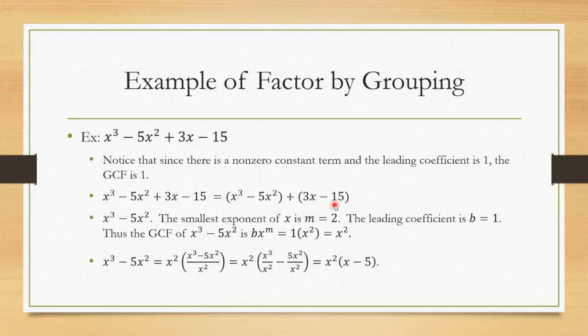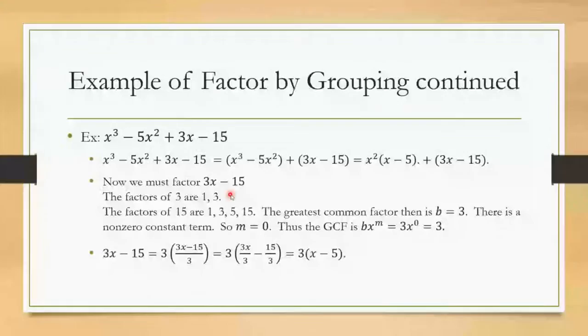And how do we know that? Well, notice there's a non-zero constant term here, right? So you can't factor out a variable. The only factors of 3 are 1 and 3. The only factors of 15 are 1, 3, 5, and 15. So 3 is the greatest common monomial factor of this.